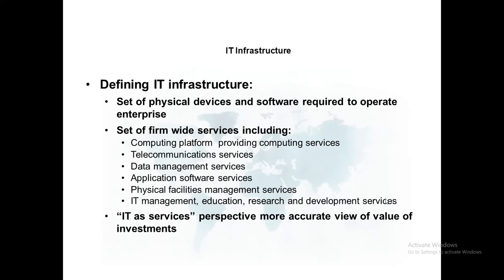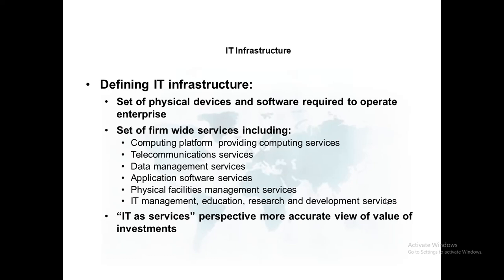In this definition, we are only focusing on the hardware elements and the software elements. But still, an IT infrastructure can also be defined as a set of firm-wide services budgeted by management and comprising both human and technical capabilities.